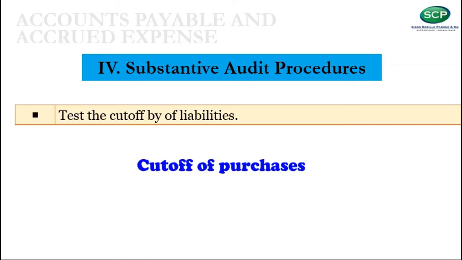I think if you were able to attend or at least siguro panood niyo yung video regarding sa training regarding sa auditing ng inventories, then this particular procedure was also tackled in that particular training video.